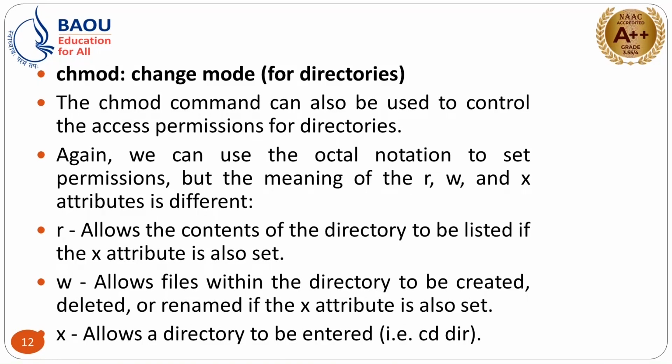I again repeat, for a directory, if you have execute permission, in that case the R option only allows you to see whatever files or subdirectories are available inside that directory. You cannot create, modify or rename a file if you only have the R option.